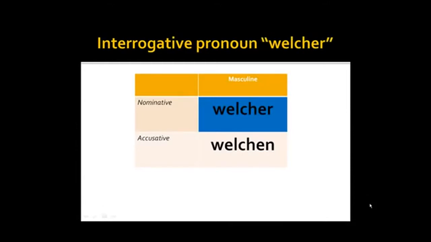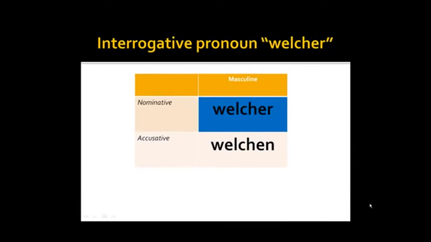Now, you'll recall from our discussion of the der word, welcher, that the masculine form of the der word welcher changes as it moves from a nominative to an accusative environment.